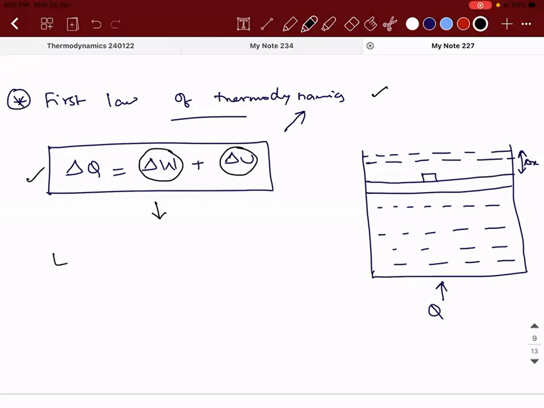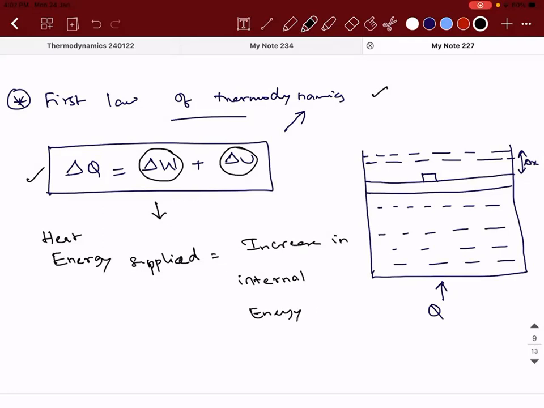Means the energy that you supply in the form of heat, so heat energy supplied will be equal to increase in internal energy plus work done by the system. So this is what is going to happen, right? These are all the concepts we discussed in the previous class.